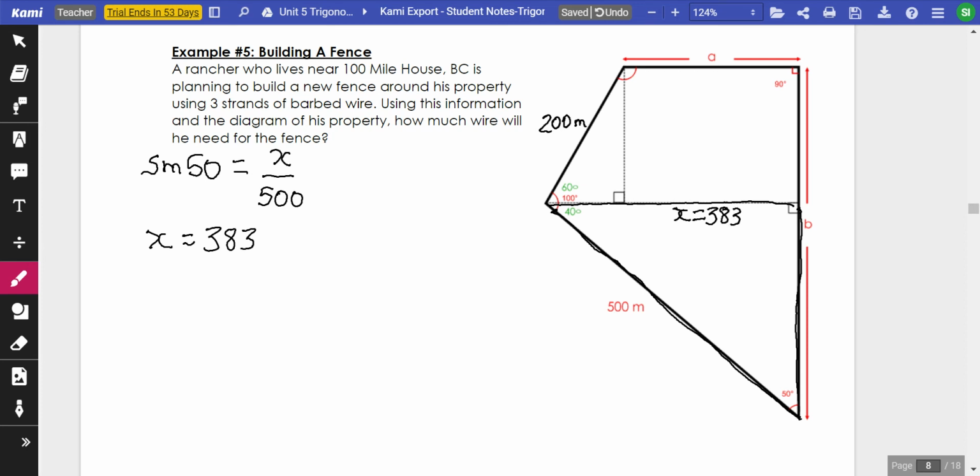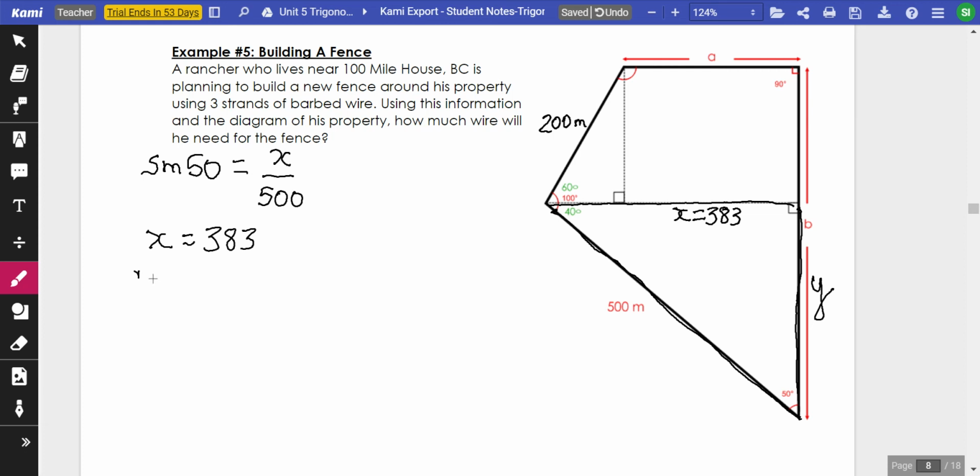Okay, next, I can find the side here of this triangle, and I'll just call it Y. So that's the cosine of 50 because this is the adjacent side.